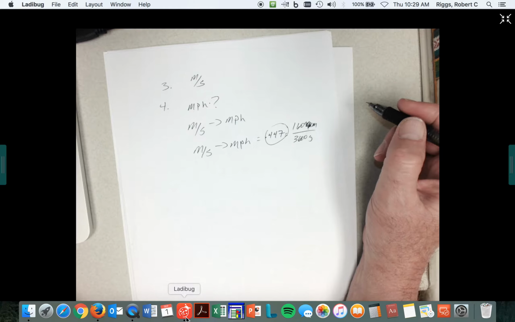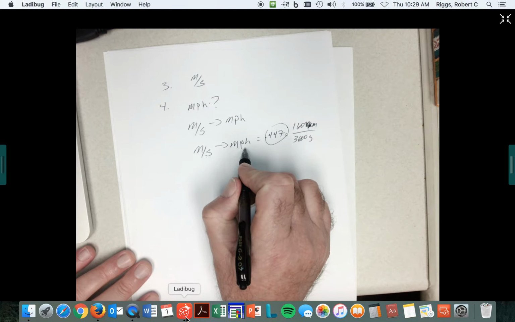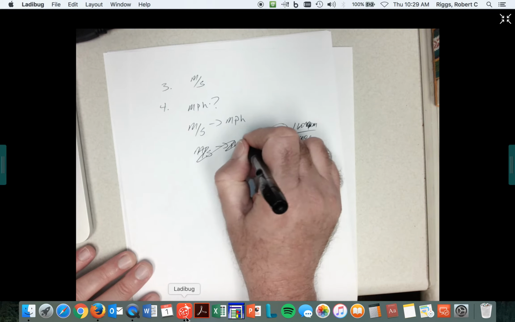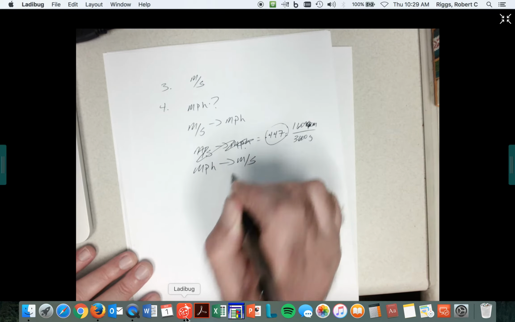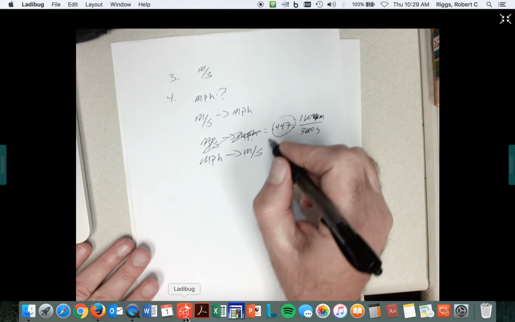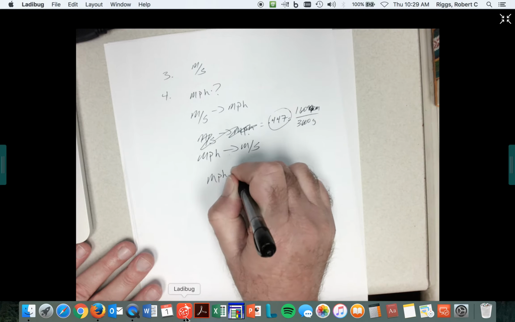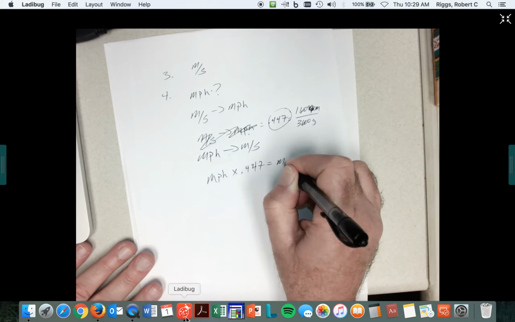Sorry, this is miles per hour to meters per second. So going this way, miles per hour times 0.447 is equal to meters per second.